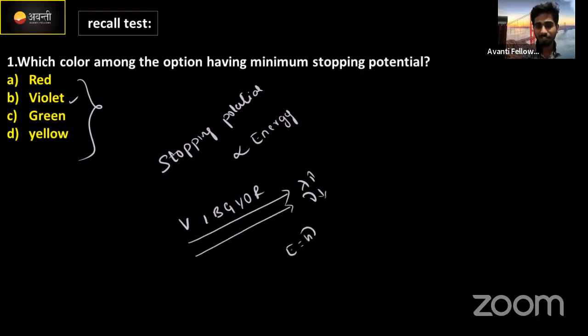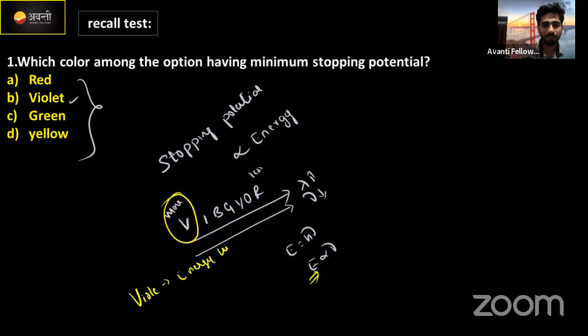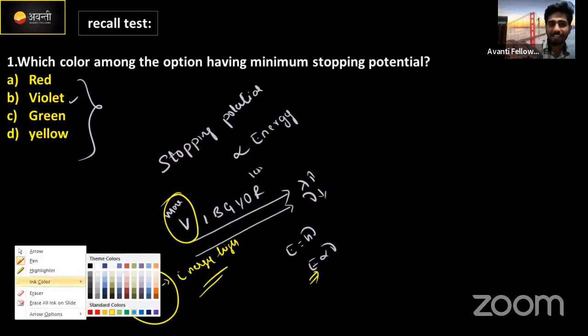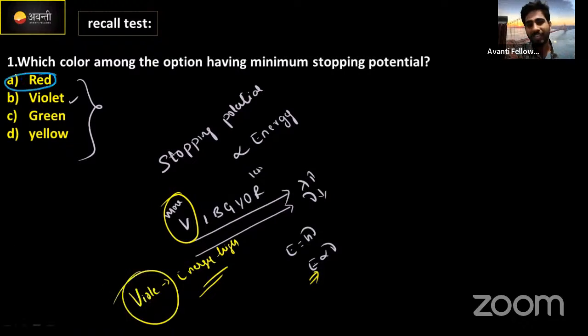Actually, E equals h nu, so energy is proportional to frequency. Among all of these, frequency is more for violet color, less for red color. Hence, violet has higher energy. That means stopping potential is higher for violet color, right? But for the red color, stopping potential is less. Hence, the correct answer is option A.